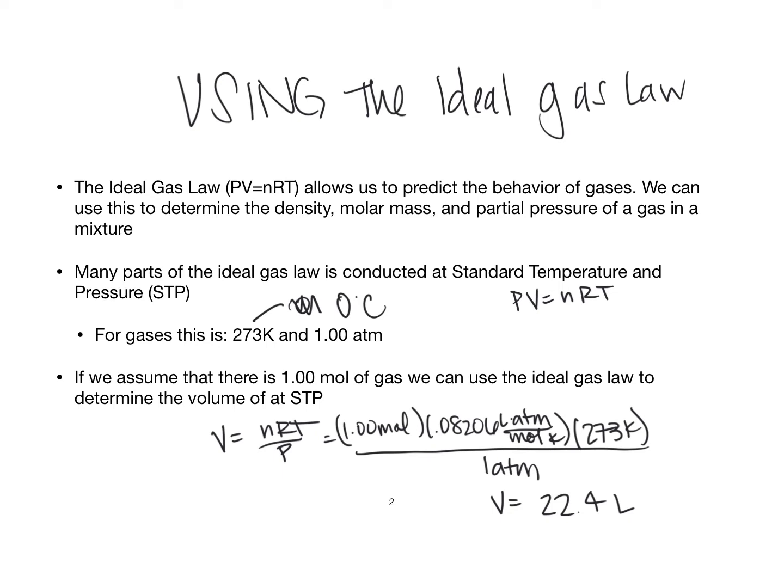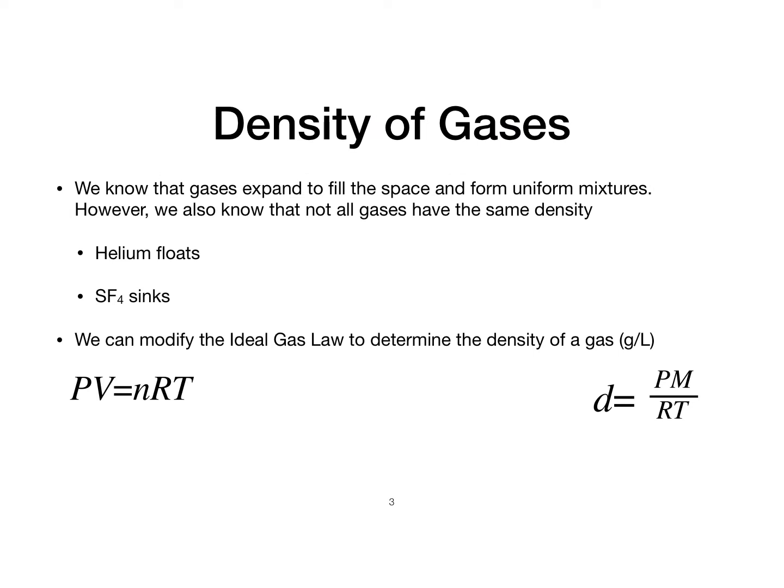So what else can we do to think about this information? We can start to think about the density of gases. When we think about the density of a substance, we know that there are substances that float and substances that don't. We can think about a solid that has a higher weight than another solid, and that density makes sense. But we're going to start to think about the density of a gas.